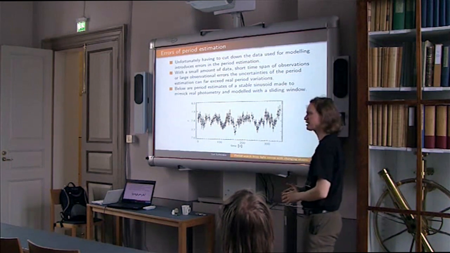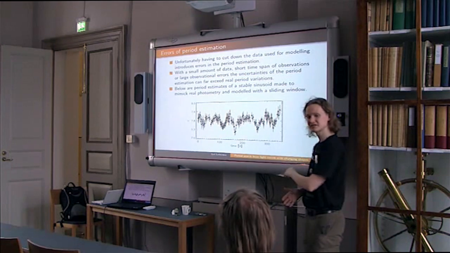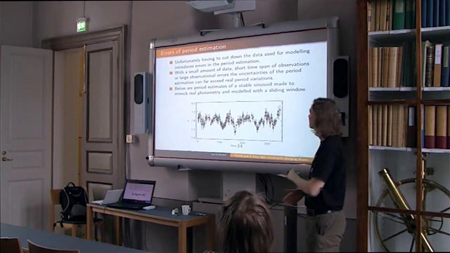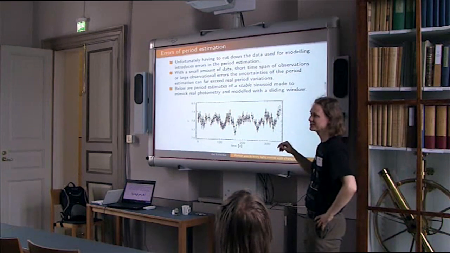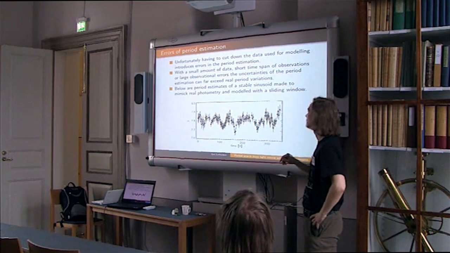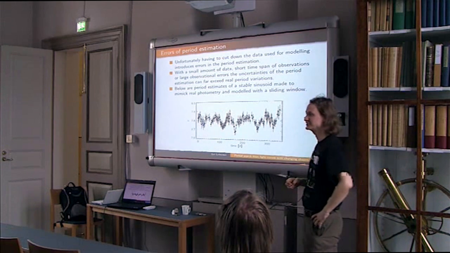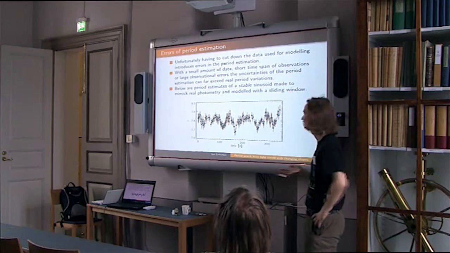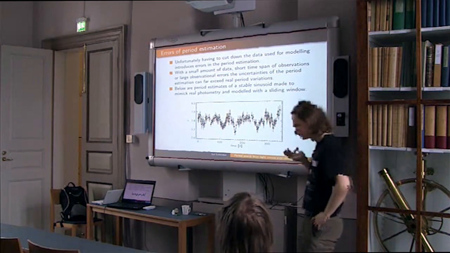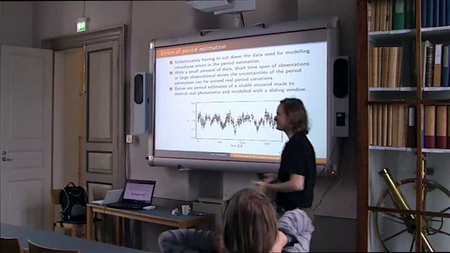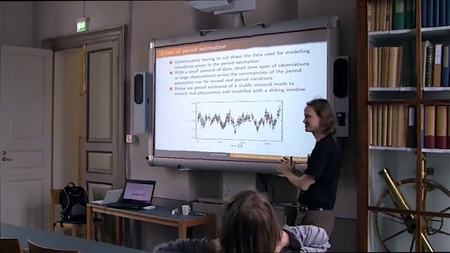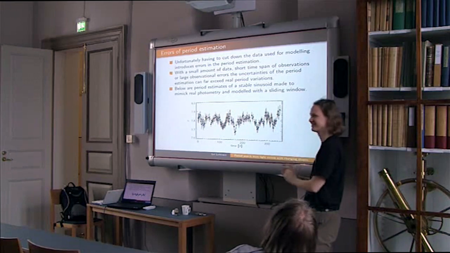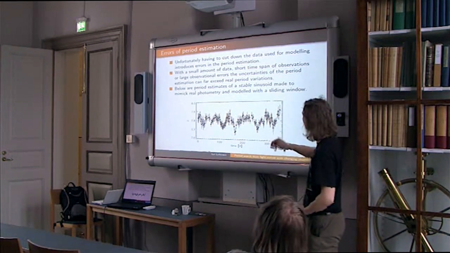There are many stars, many data sets, where these kinds of spurious, non-real variations are far larger than the variations due to the star itself. And in those cases we can't say anything. Well, we can say that, okay, this star doesn't have too large period variations, but we can't say anything else.